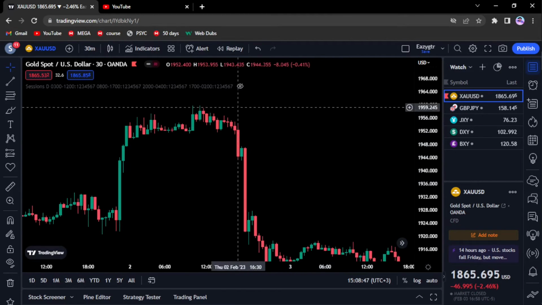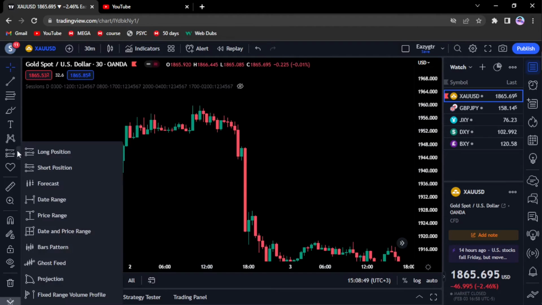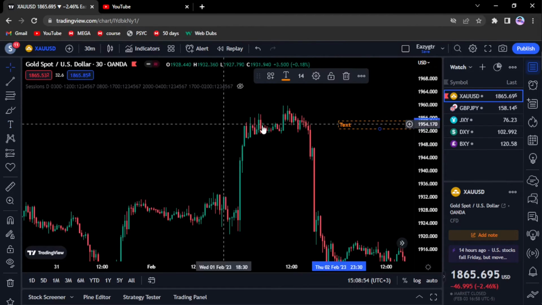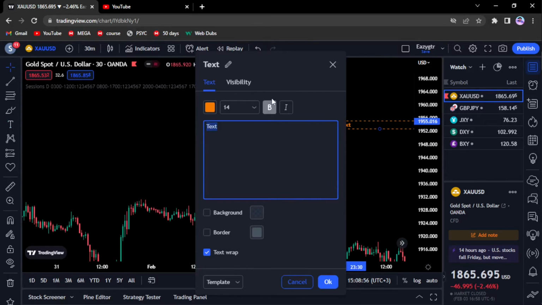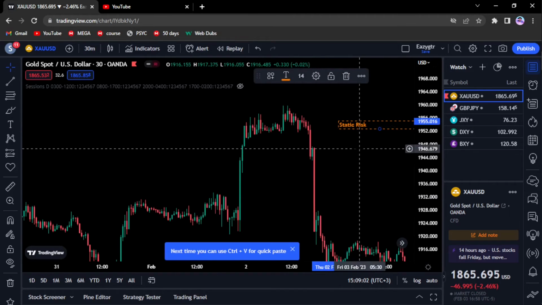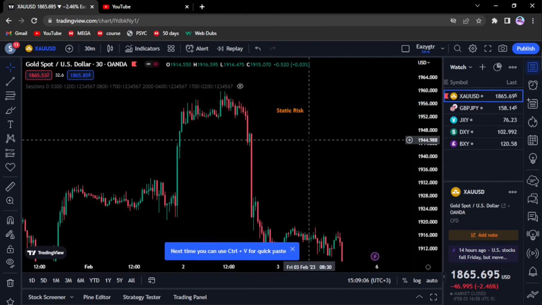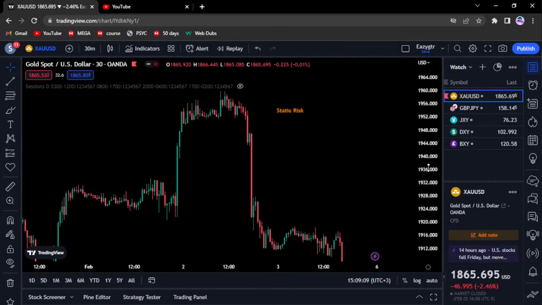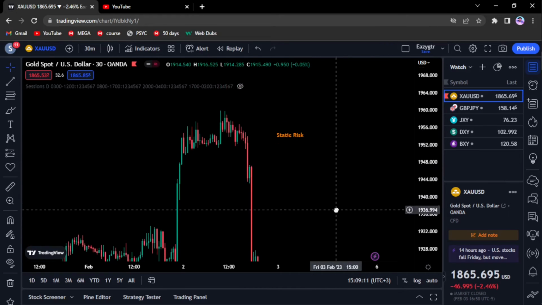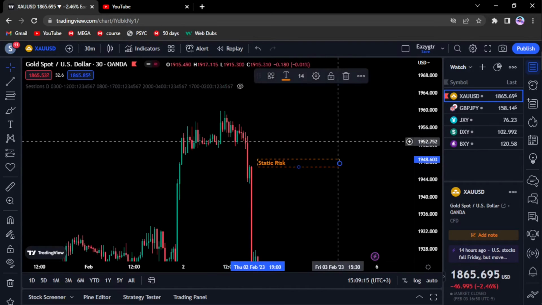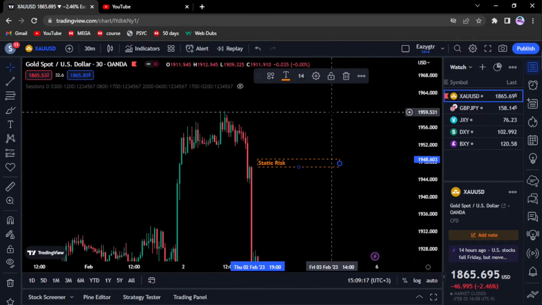Okay, so you're going to start with static risk. I know you're wondering what is static risk. Static risk is basically the exact same way a majority of traders place the stop loss, in that if you have a position, you'll risk 1% of your account.